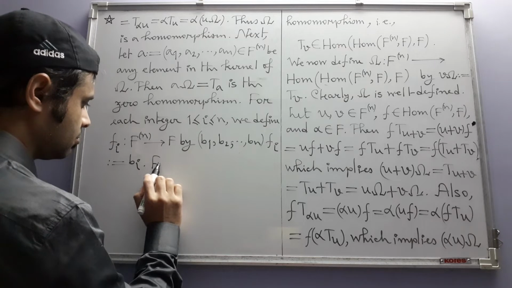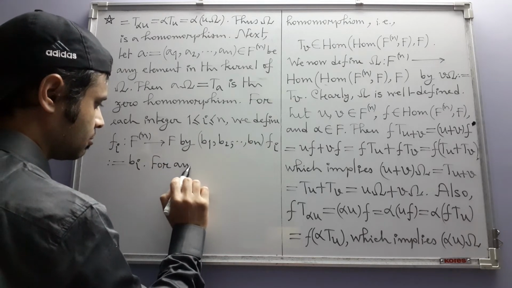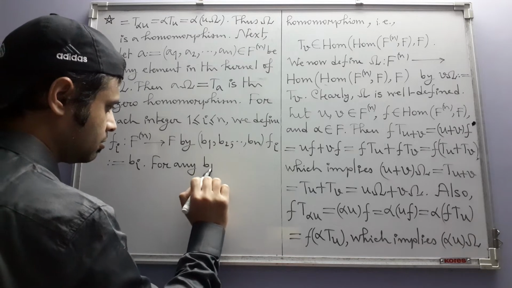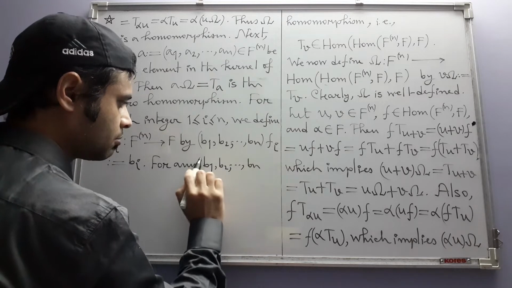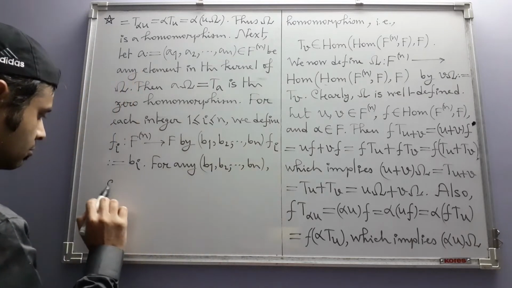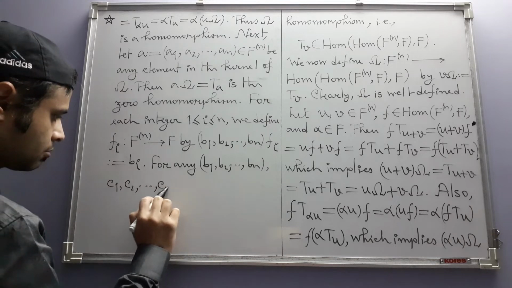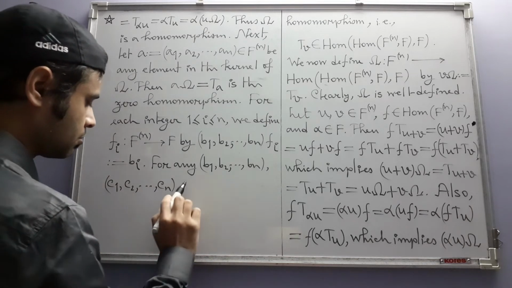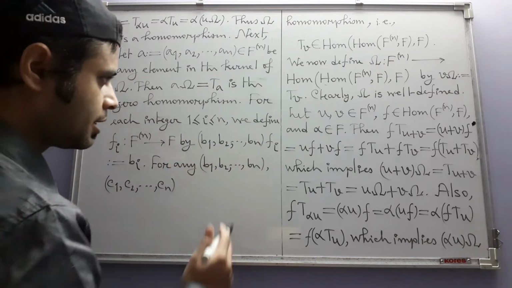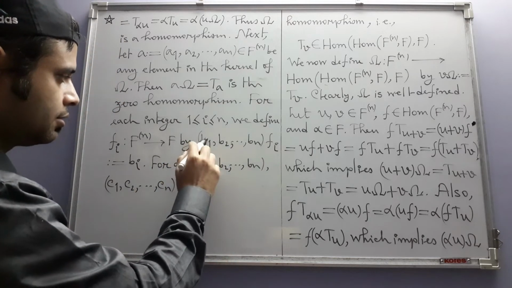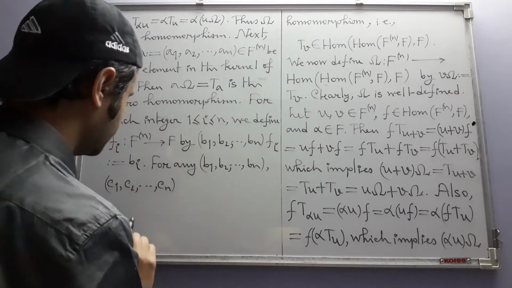for any two vectors. Ideally, we should have taken, because these are field elements, we should have taken Greek letters, but it does not change anything.